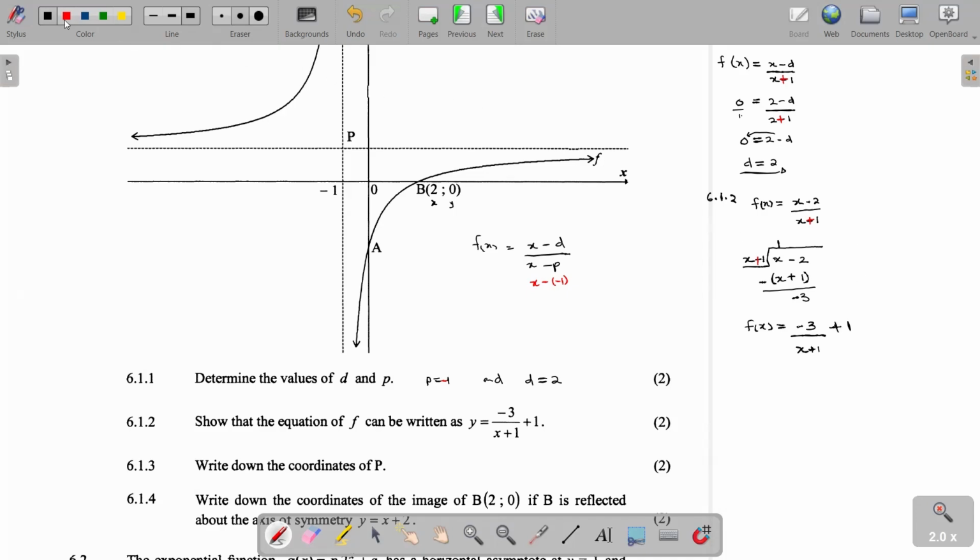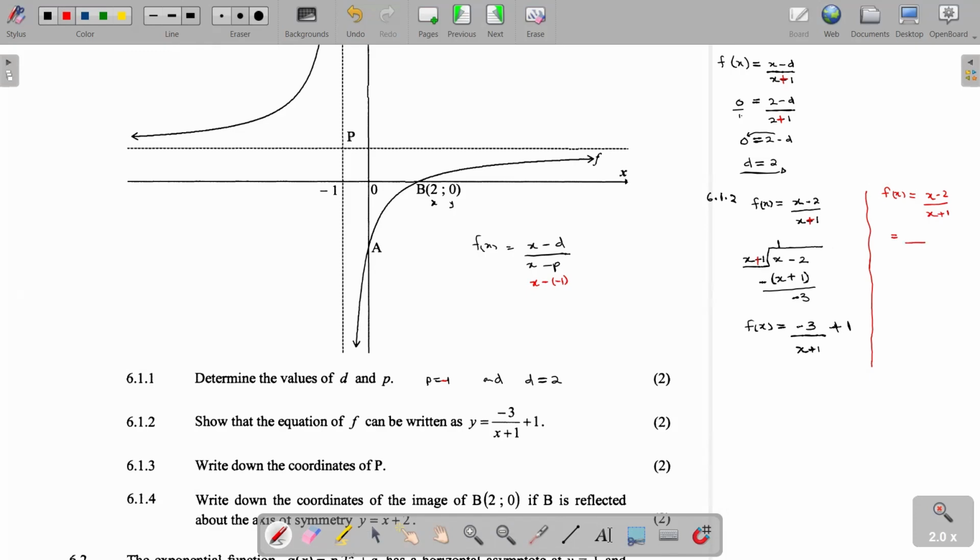Alternatively, we can write this as f(x) equal to x minus 2 divided by x plus 1. Then we are going to manipulate here.